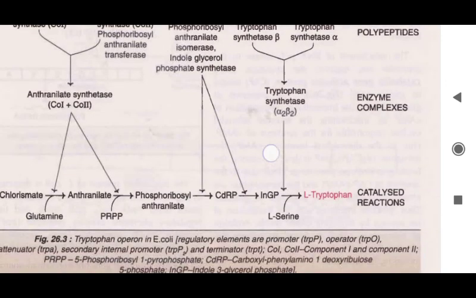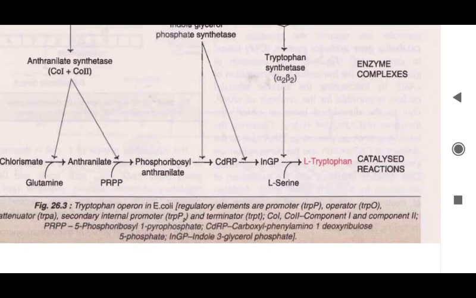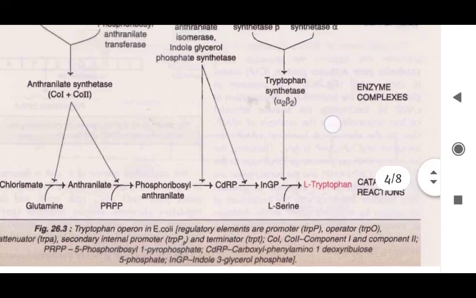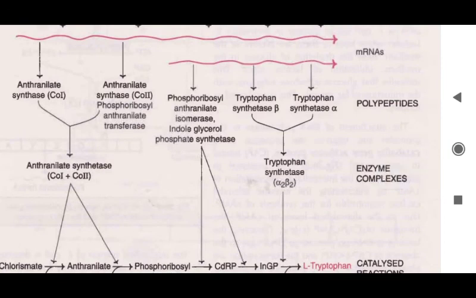The next two reactions mean it will convert phosphoribosyl anthranilate into InGP, that means indole 3 glycerol phosphate. In the last step, this indole 3 glycerol phosphate will be converted into tryptophan by tryptophan synthetase. Tryptophan synthetase is derived from two subunits, tryptophan synthetase beta and tryptophan synthetase alpha.